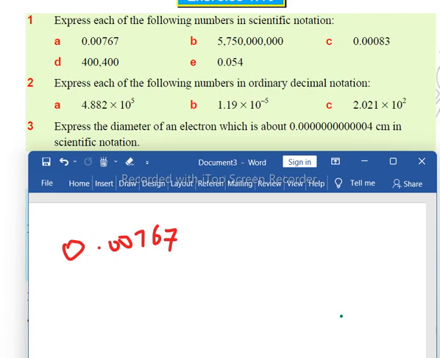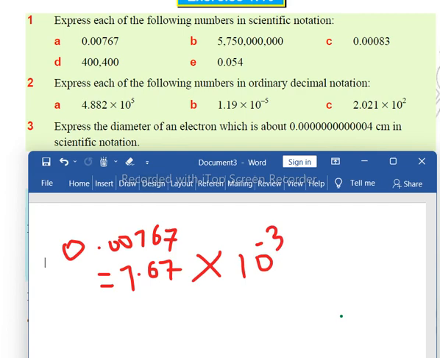So we write 7.67, times 10 to the power of, we have to count starting from right to left, 1, 2, 3. As we see, the number is decimal, so the power is -3.